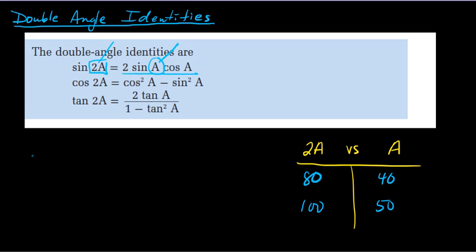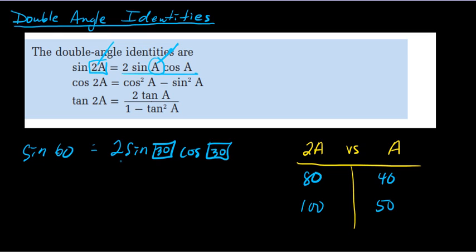So if we're talking sine of 60, let's say, the double angle identity would use what angle in here? If this is 2A, this has to be 1A. So if this is 2 times something, the something would be 30. Okay? So you have to be real careful about that.